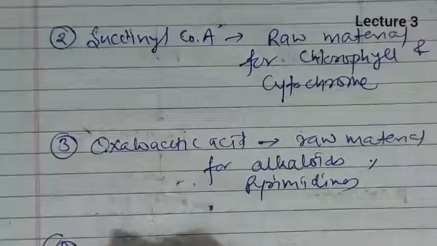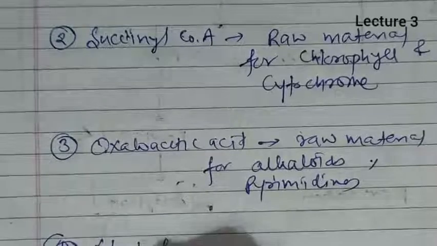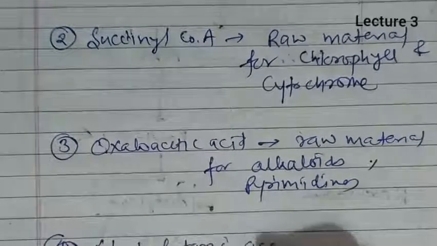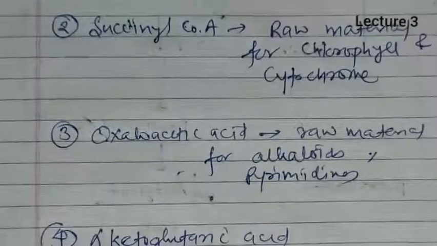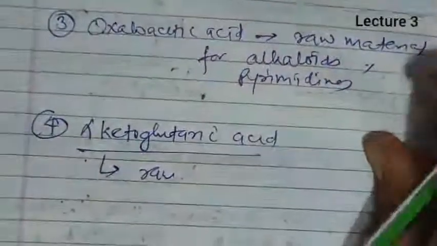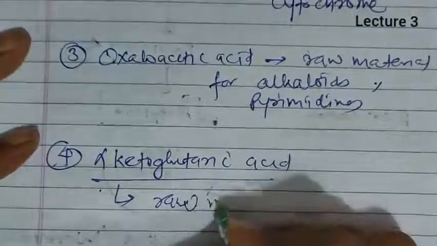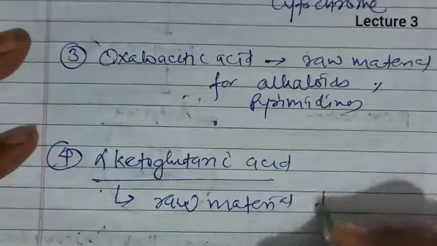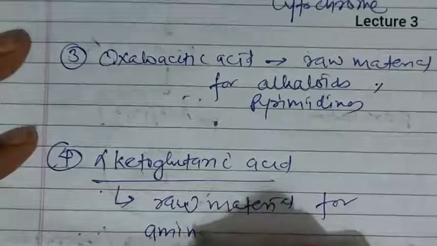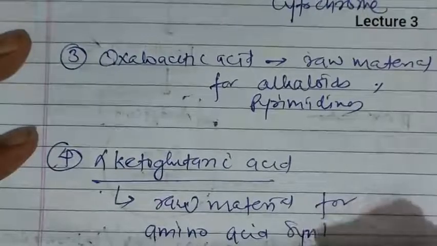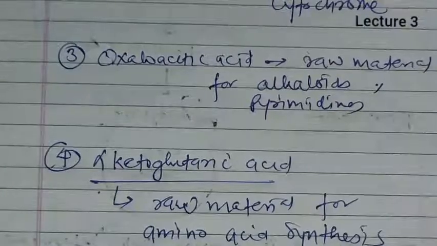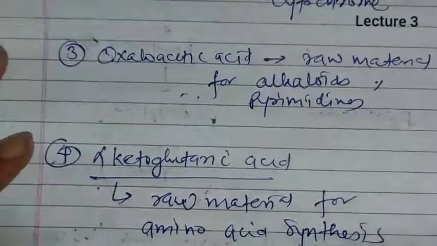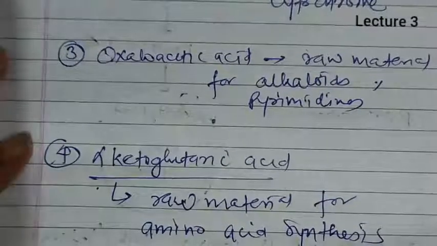And fourth is alpha ketoglutaric acid, that is acting as a raw material for amino acid synthesis. These show that they are precursors of different components and they are synthesized by breakdown also, means they are part of the amphibolic pathway.